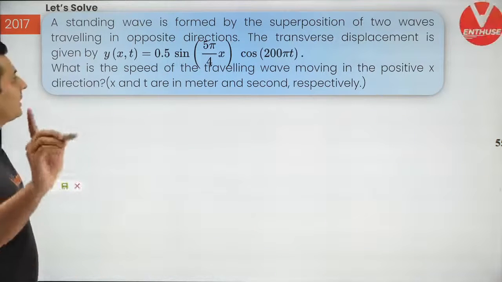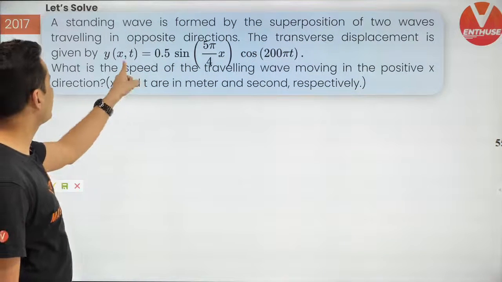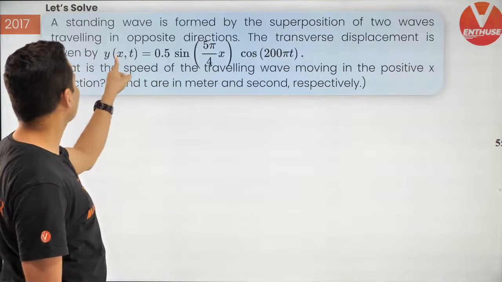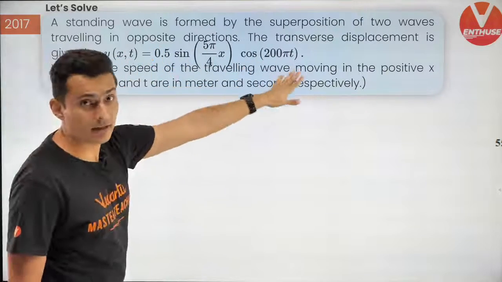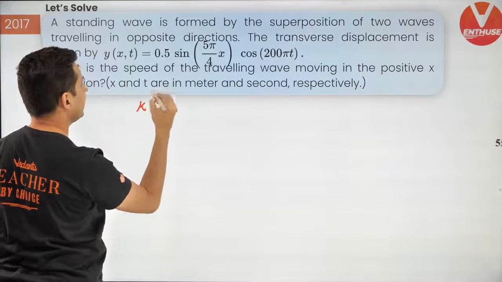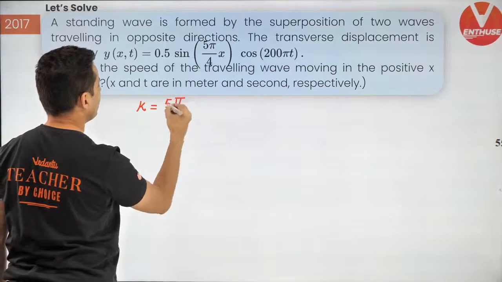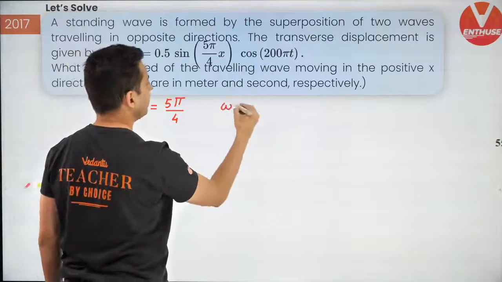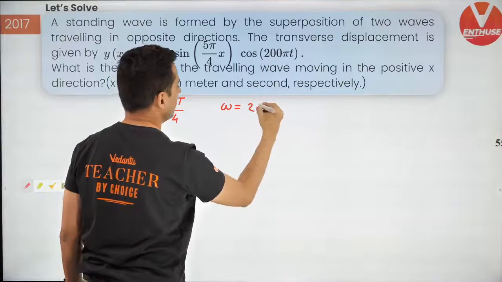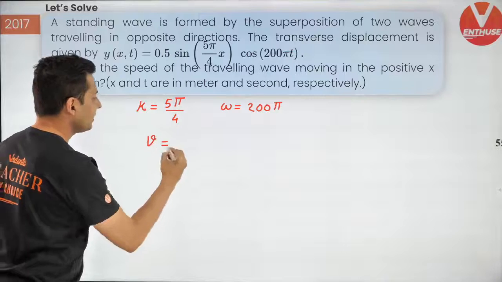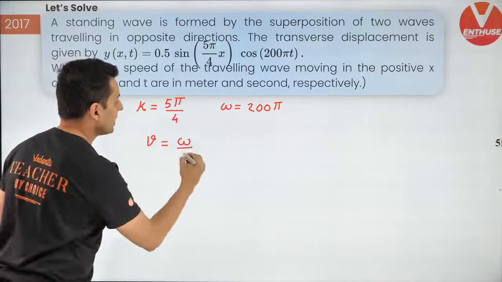Well, in this particular question, the transverse displacement is given by this equation. Now from that, I can easily identify k is 5 pi by 4, and omega, which is over here, is 200 pi. Now, do you remember that the wave speed is given by omega by k?